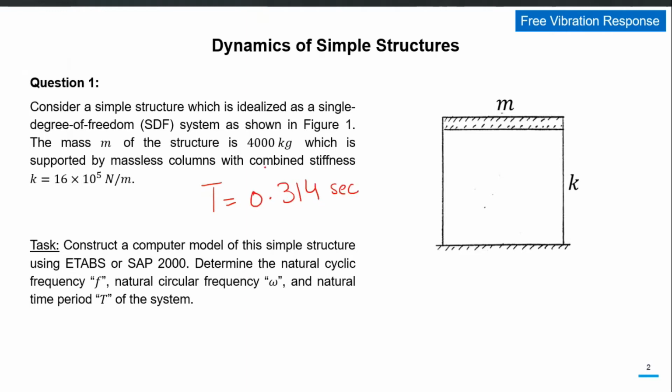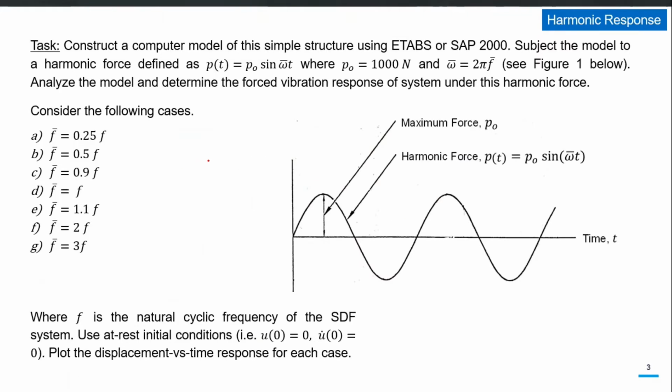This can be reciprocated to calculate F, which is 1 over 0.314, in Hertz. That F can be further used in this second task, which is the response of that single degree of freedom system against a harmonic loading. For the first case, for example, it will be 1/4 of F. So P0 and F bar are already available.